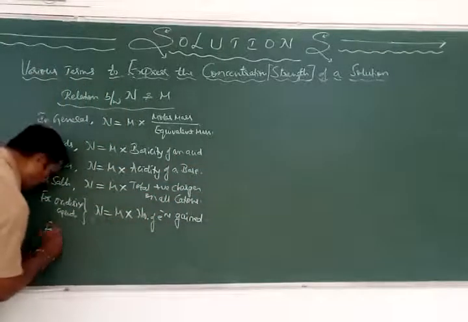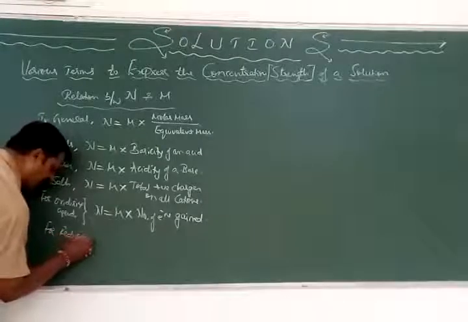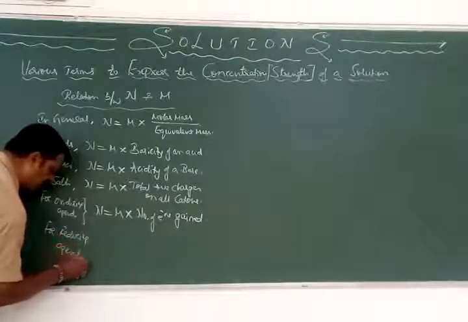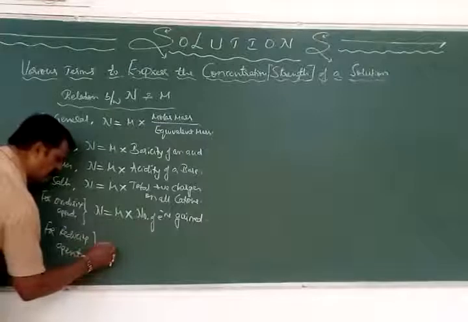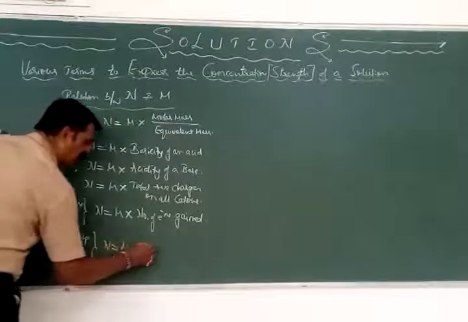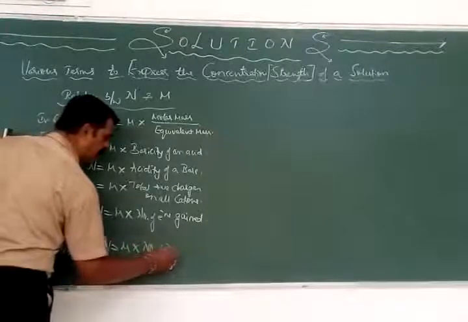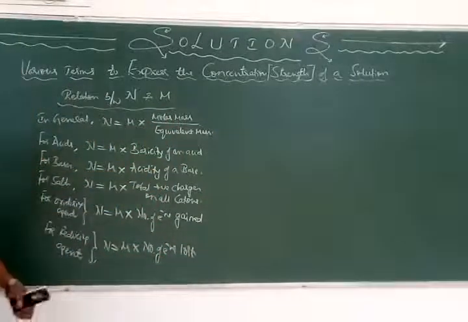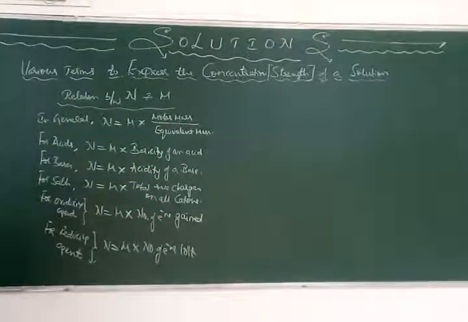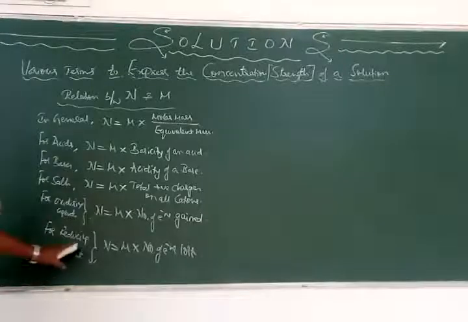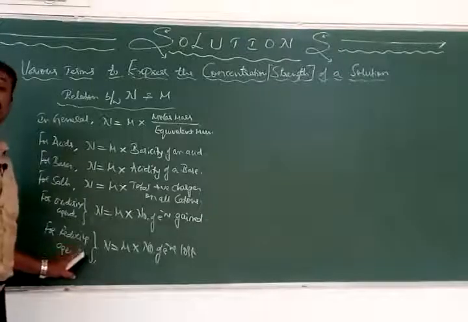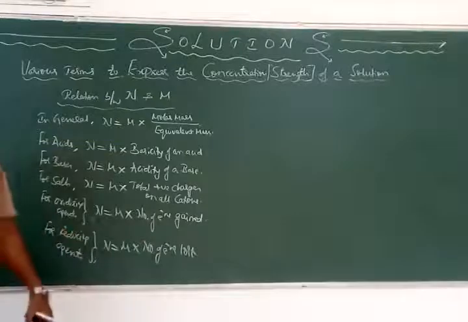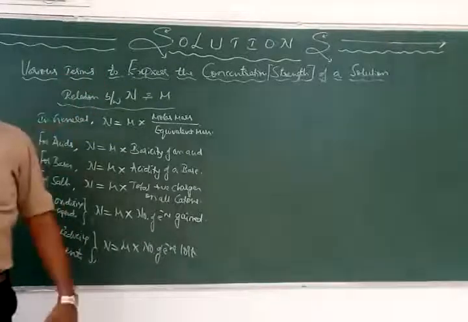For the last one, reducing agents, normality is equal to molarity into the number of electrons lost. Electron loss is called oxidation, and any substance undergoing oxidation is an example of a reducing agent. So this makes the relation between the normality and molarity.